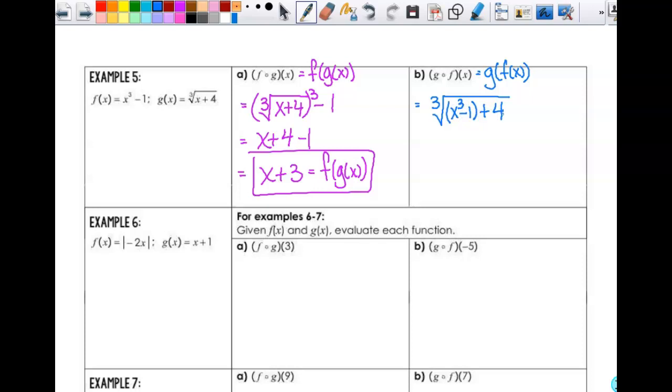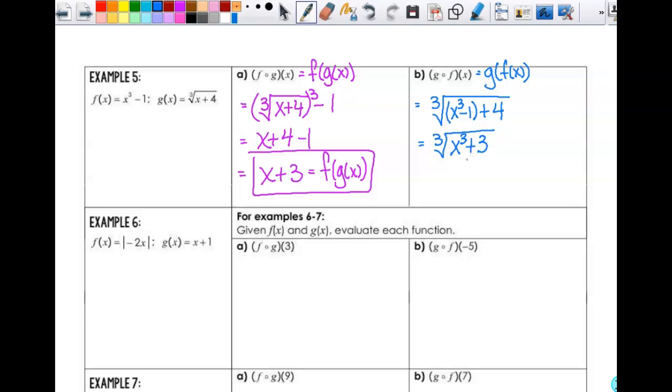I put in more than one term, so I put those parentheses. Those parentheses do not imply multiplication. They can completely go away and the same work happens. So then this would equal the cube root of x cubed plus 3. I cannot go any farther than that.